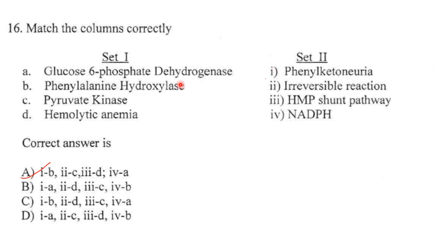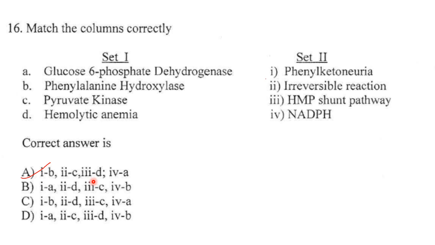So 1B. Then irreversible reaction, it is pyruvate kinase. 2C. Then HMP shunt pathway, it is hemolytic anemia, because hemolytic anemia is due to the deficiency of the HMP shunt enzyme, that is glucose 6-phosphate dehydrogenase.